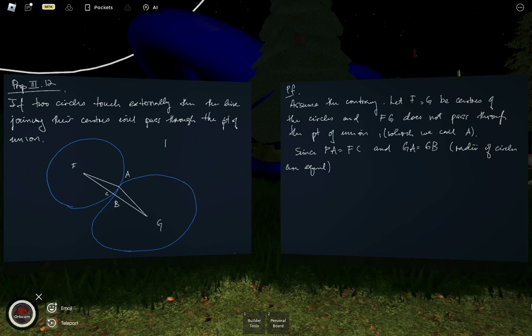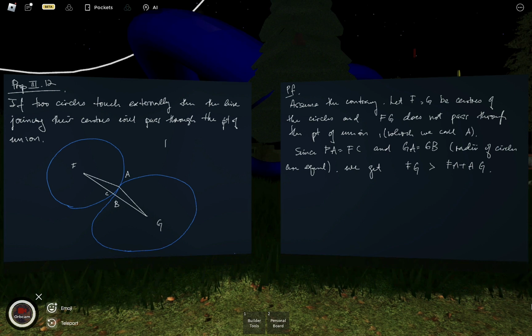And this gives us that FG, the line joining the centers, is actually greater than FA plus AG. Why is that? Because FG is actually made up of FC and GB plus some extra bit of line in the middle. So FC and GB are part of the line FG.